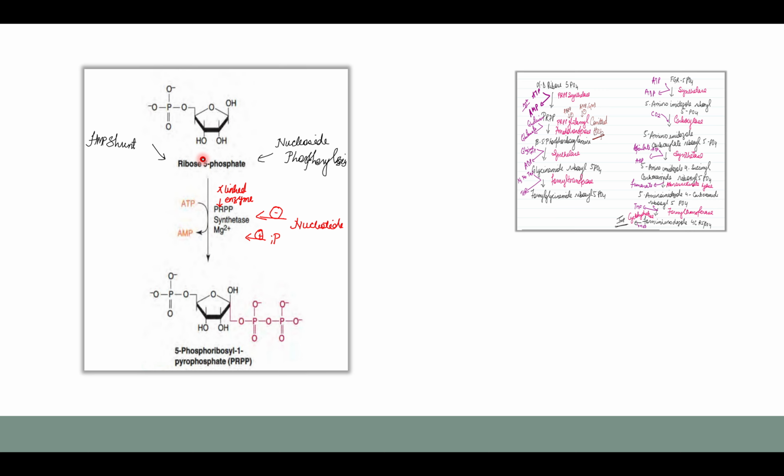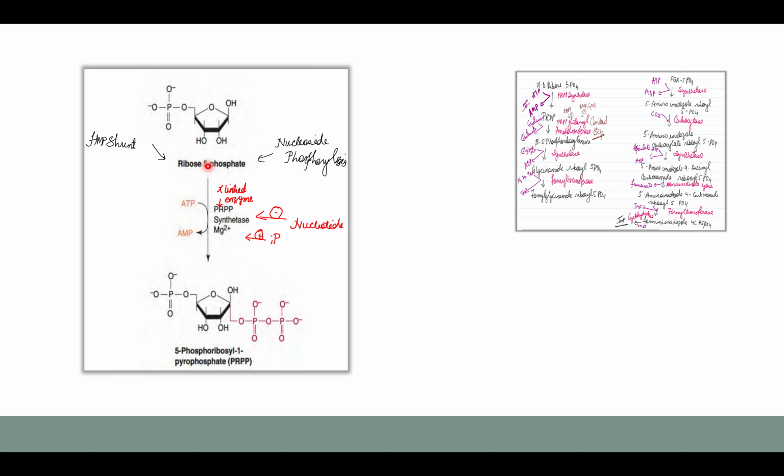The ribose 5-phosphate here comes from the HMP shunt, and this ribose 5-phosphate undergoes nucleoside phosphorylation in the presence of PRPP synthetase. Now, before we get into the depth of the purine metabolic pathway, the first thing that we need to know in purine synthesis is that ribose 5-phosphate is the primary compound on which the formation of purine takes place.